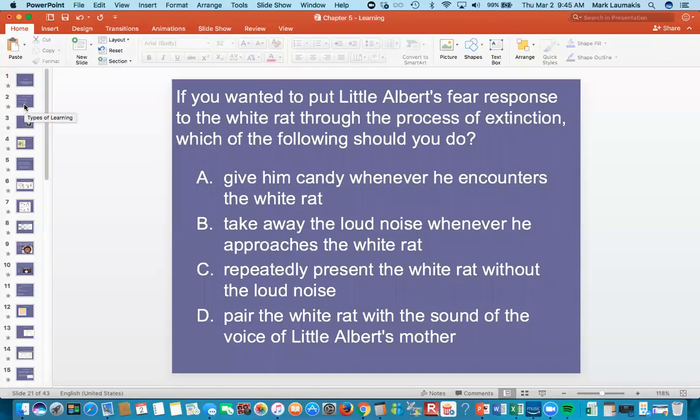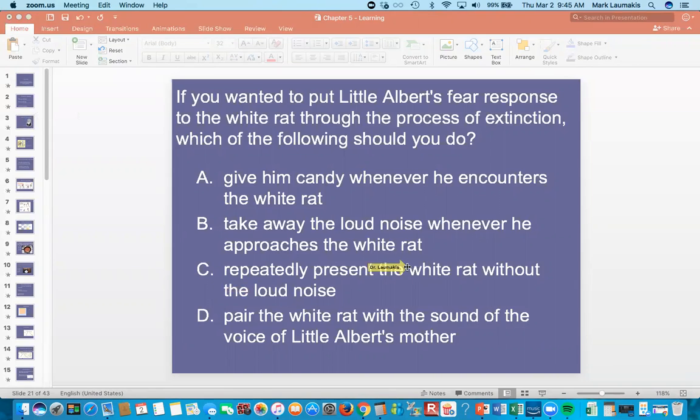How can you have both a CS and a US at the same time? There are two different stimuli, right? In this case, what we're saying is with extinction, we're going to repeatedly present the CS, in this case the white rat, but we're not going to present the US, which is the loud noise. Remember, the US is the thing that automatically leads to a response. The CS is the previously neutral stimulus.